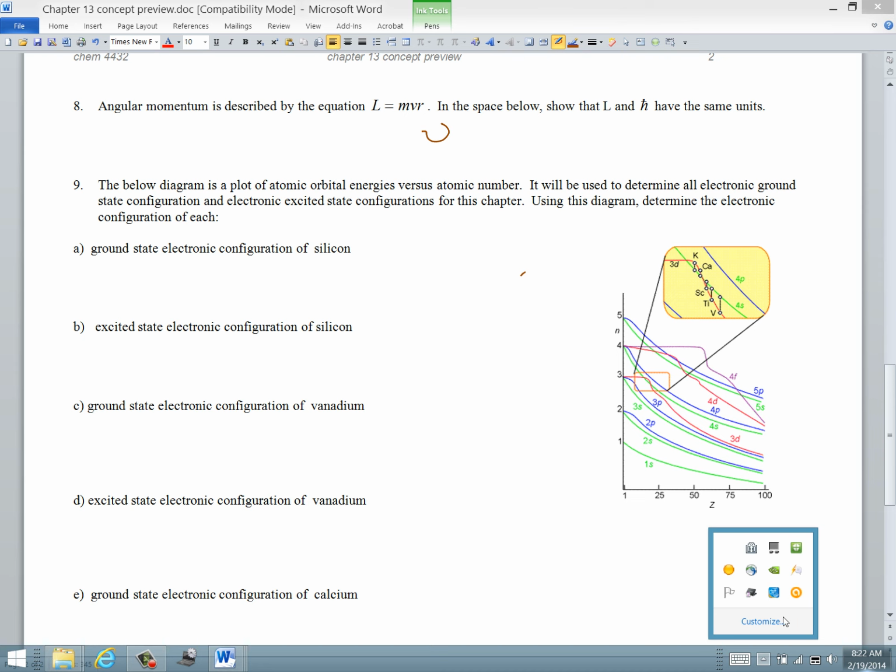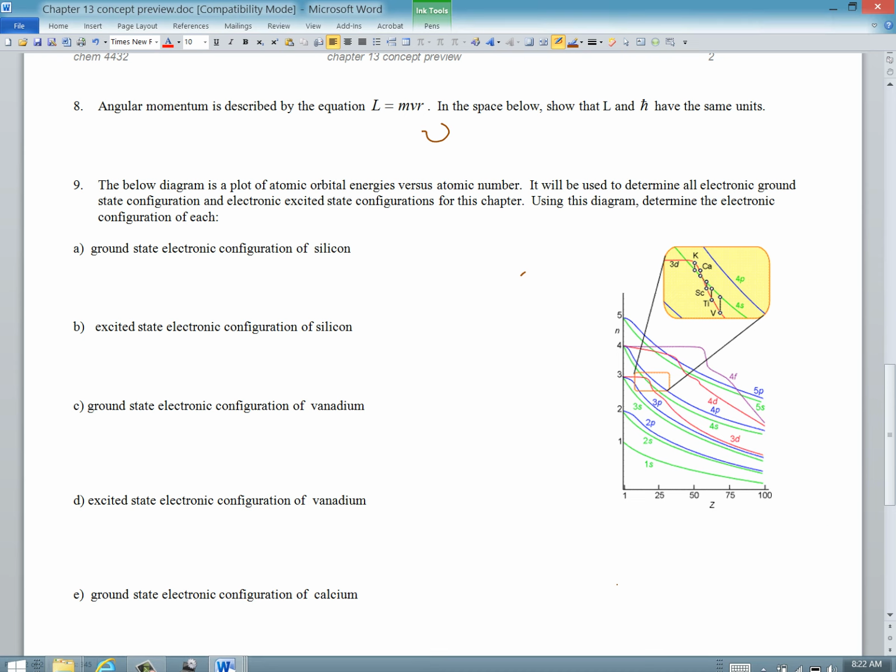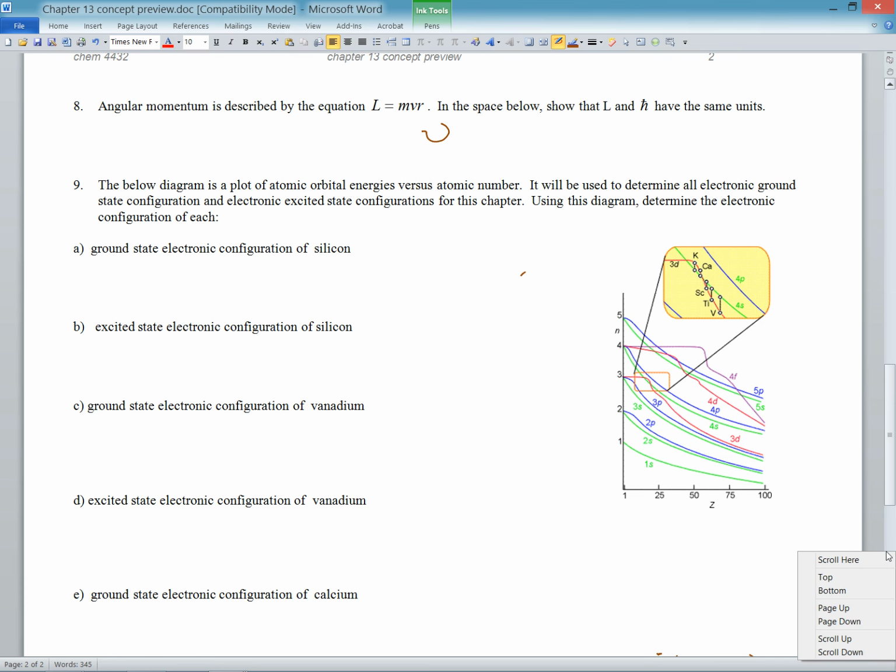That should help. Wait, for H bar, that says joules second.